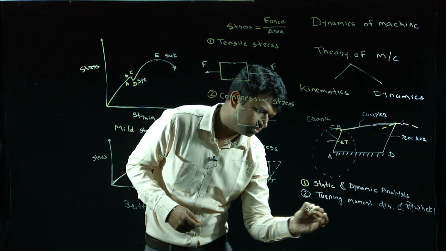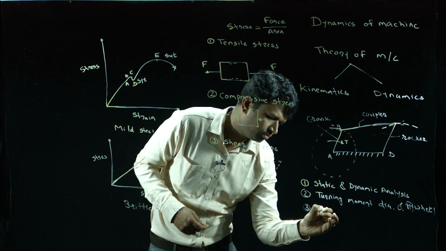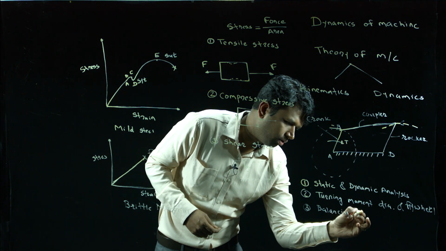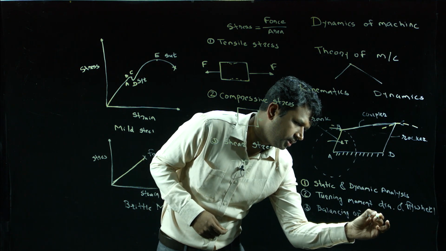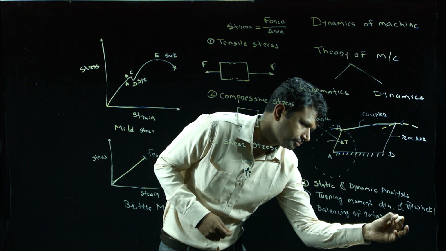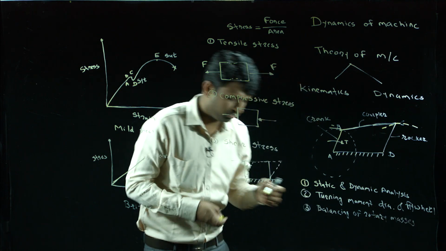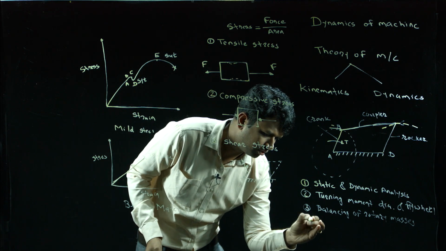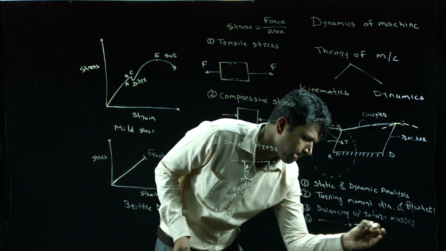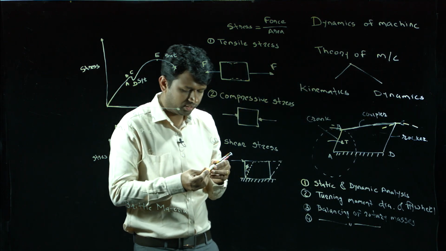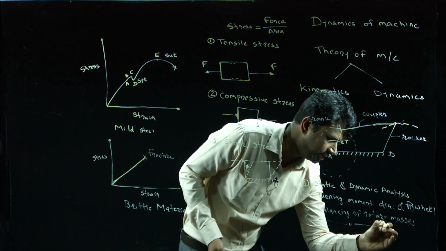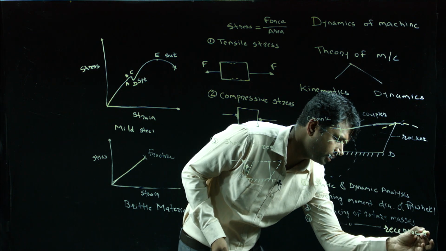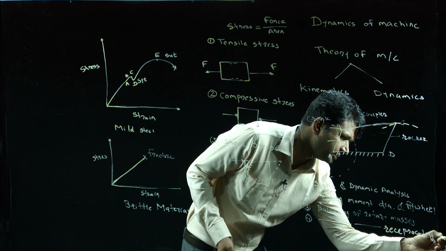Then the third unit is about balancing of rotary masses, and the fourth unit is about balancing of reciprocating masses.